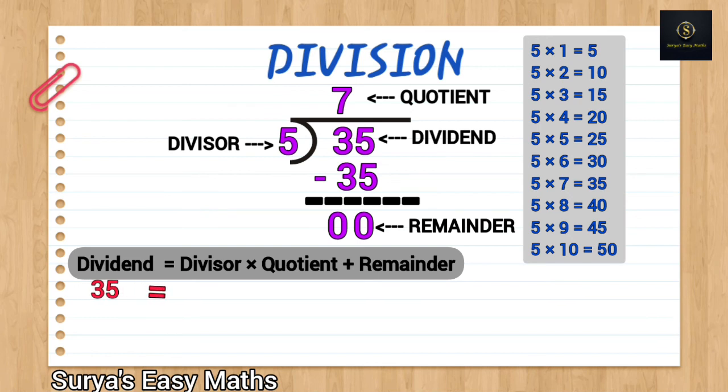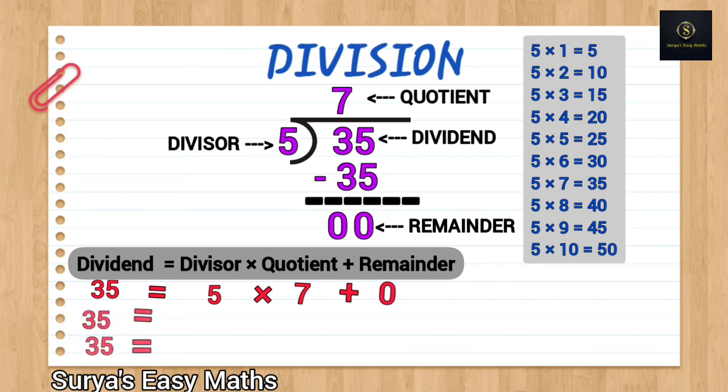Now see the divisor, it is 5. So we write here 5. Now multiplication sign as it is. Now see the quotient. Yes, we got the quotient as 7. So we write here 7. Now plus sign as it is. Now see the remainder. Remainder is 0. So we write here 0.